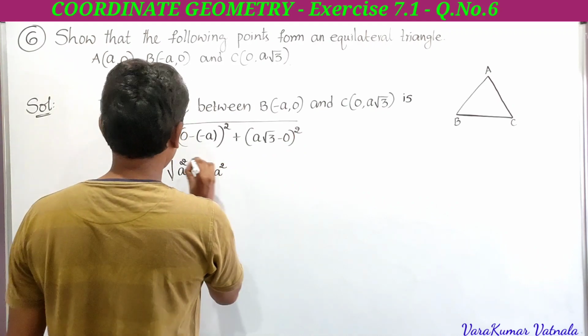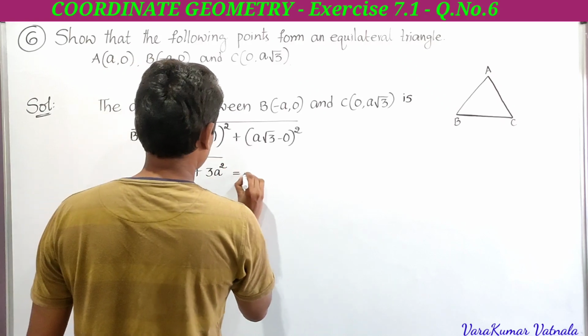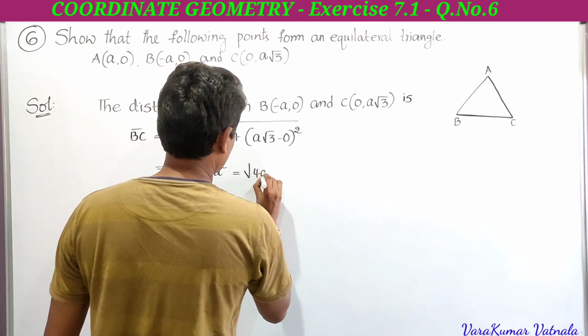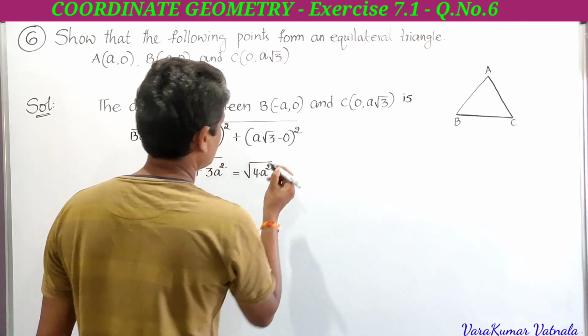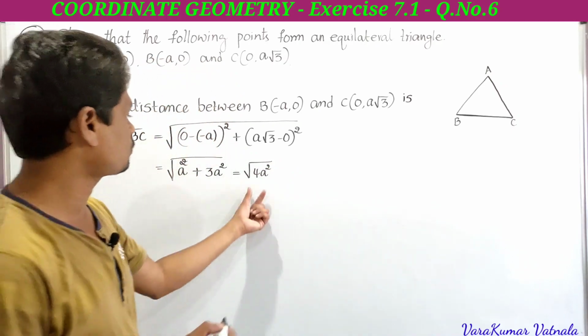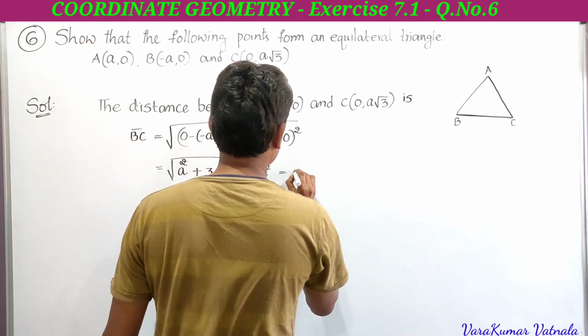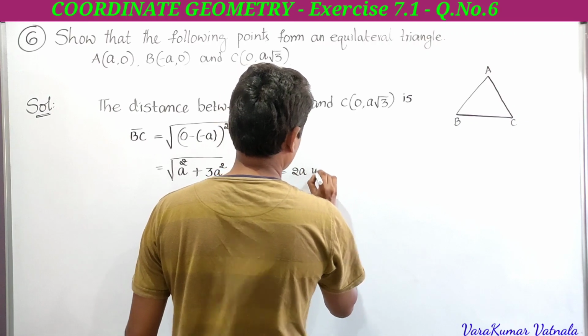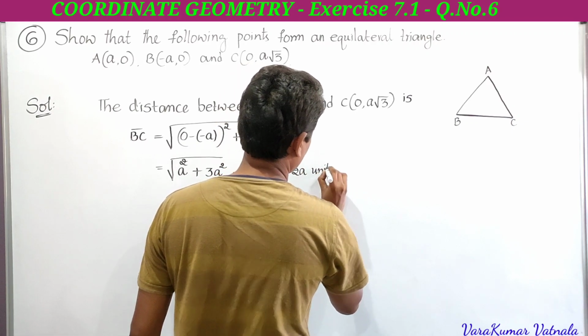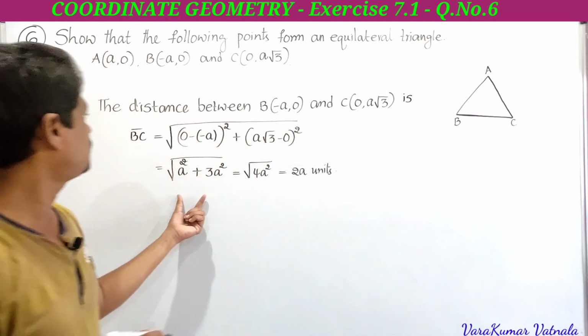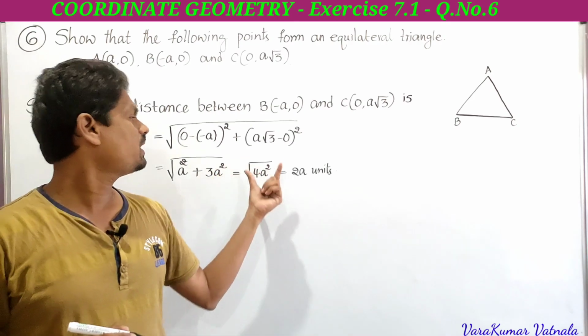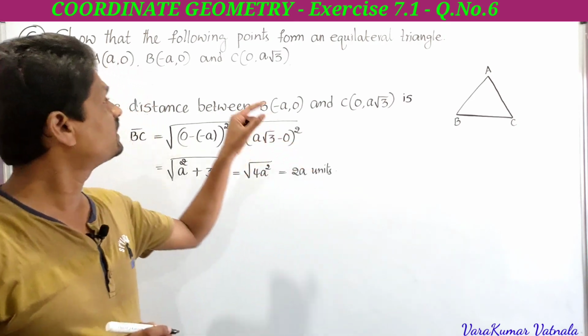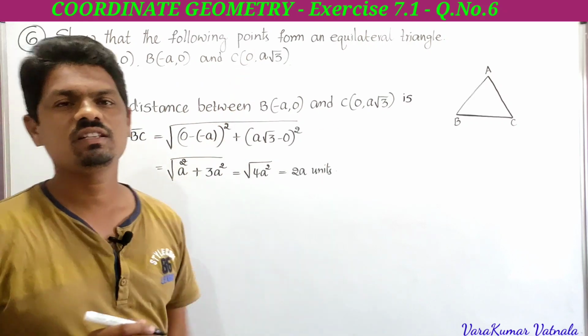So that is square root of a square plus 3a square, which is square root of 4a square. Again it is 2a units. So this is the distance between B and C. Next we have to find the distance between A and C also.